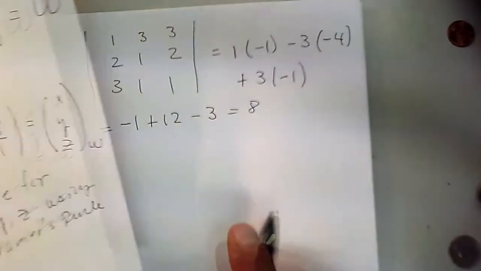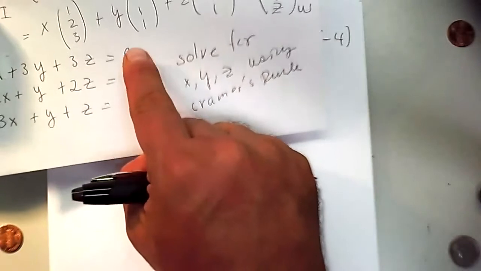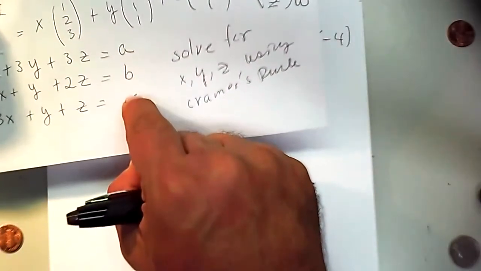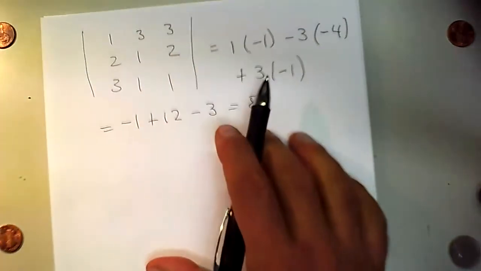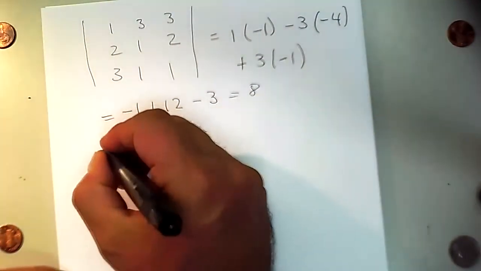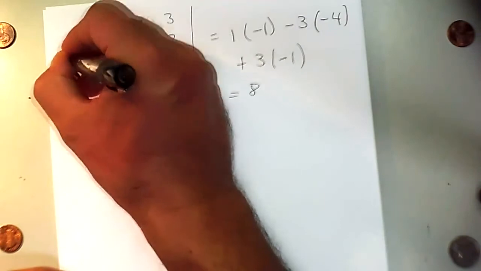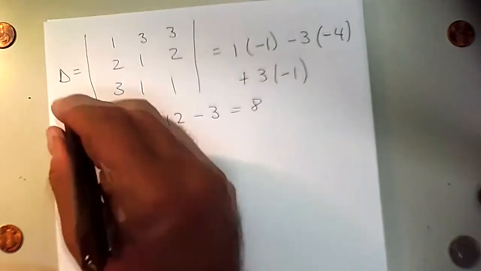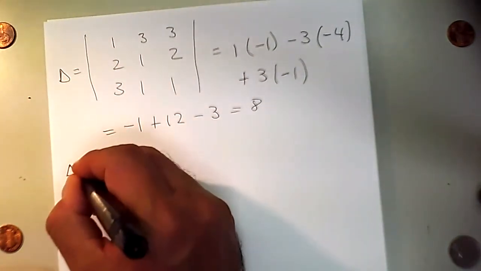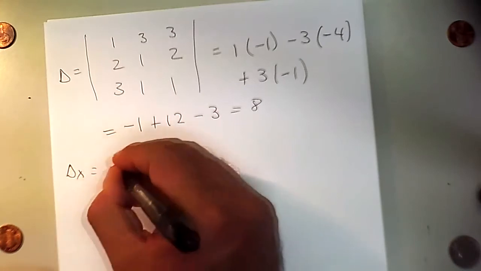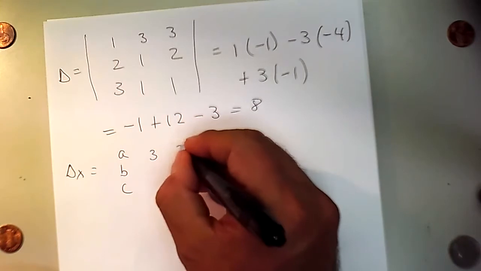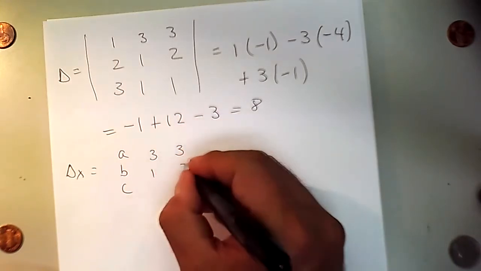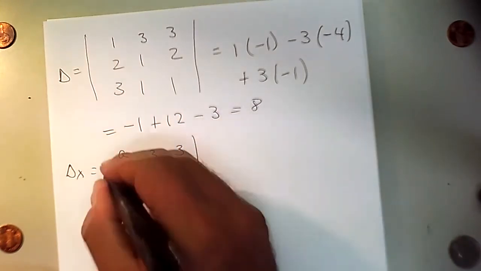Now because we're using Cramer's rule, we're going to substitute the first column with A, B, and C. So this is the determinant of the system. The determinant for x will be A, B, C, 3, 3, 1, 2, 1, 1.